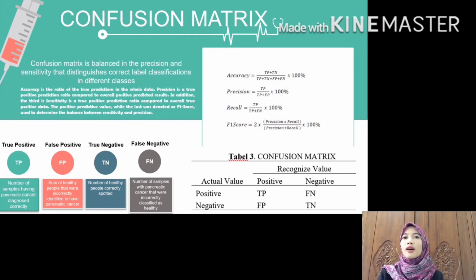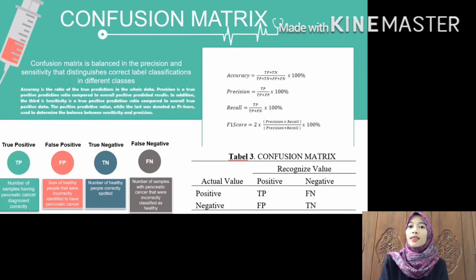True negative is the number of healthy people correctly spotted. And false negative is the number of samples with pancreatic cancer that were incorrectly classified as healthy. Table 3 explains the confusion matrix. From Table 3, the formulas for accuracy, precision, recall or sensitivity, and F1 score can be built, as seen in the equations below.